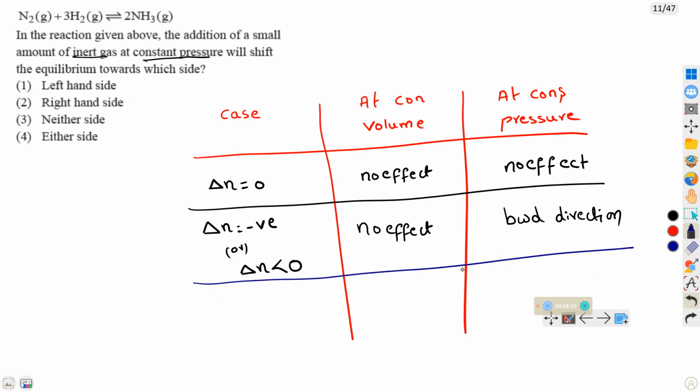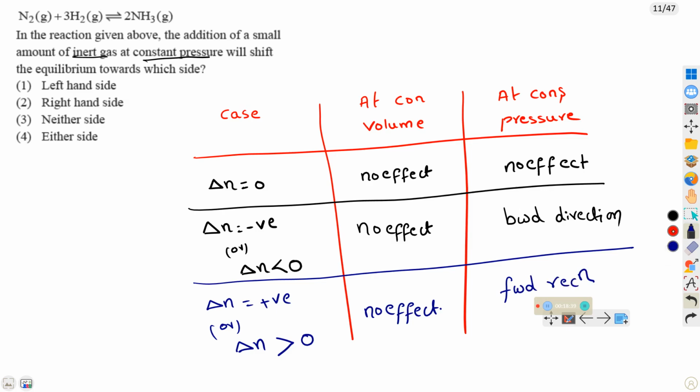Addition of inert gas, delta N is positive, or delta N value is greater than 0: at constant volume, no effect. At constant pressure forward reaction takes place.